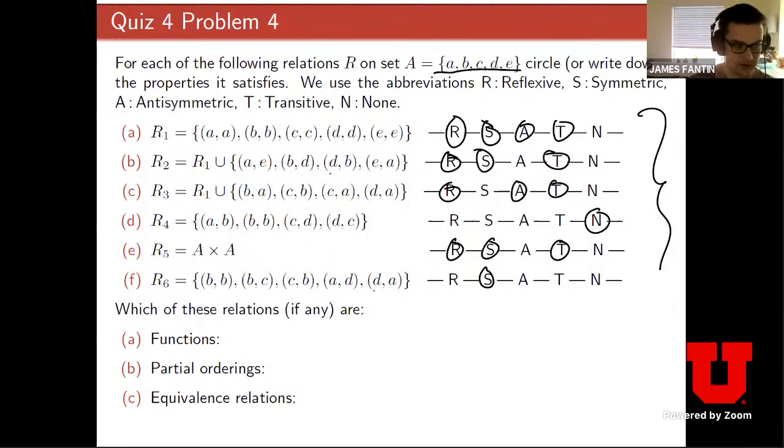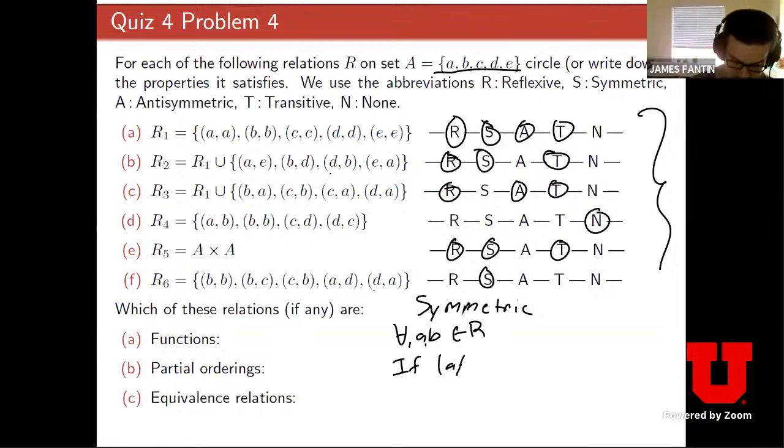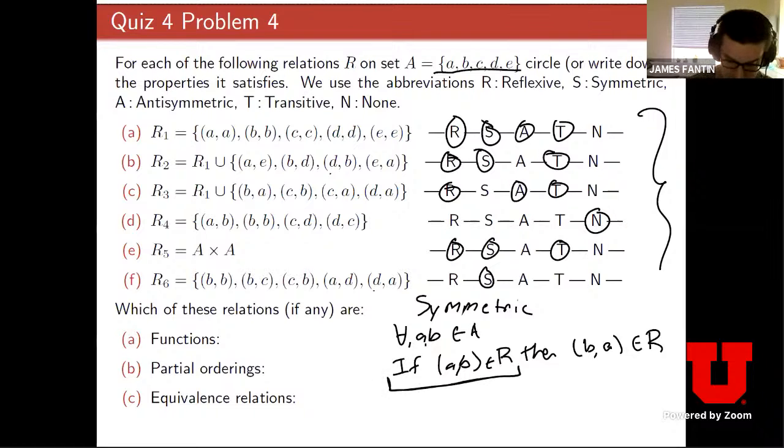Oh, yeah, really good question. So what symmetric says is for all AB in the relation, or for this will be in the set A, if AB is in the relation, then BA is in the relation. And notice for symmetric, we're requiring if this happens.